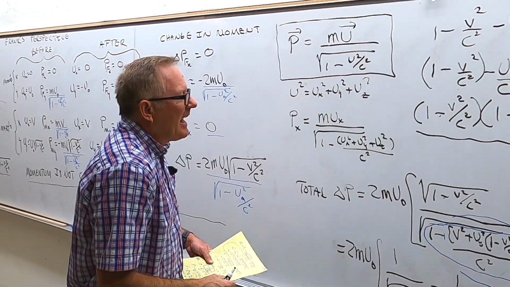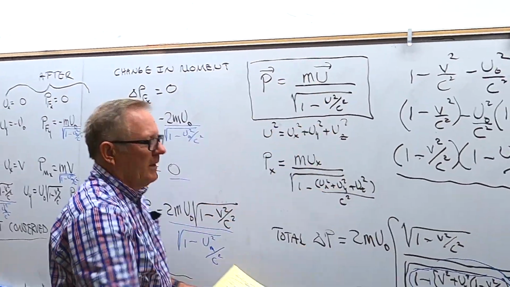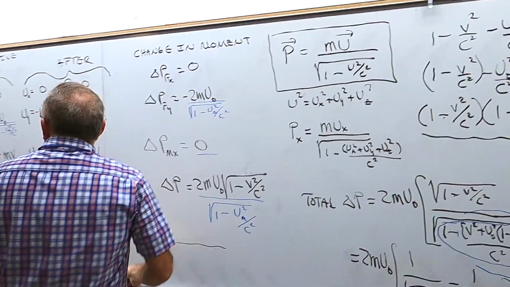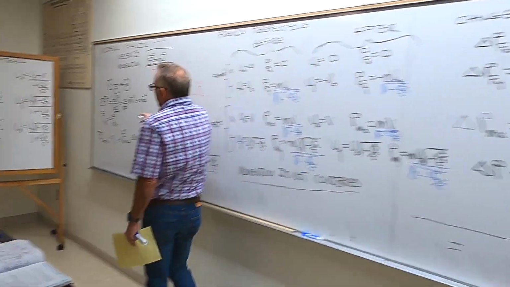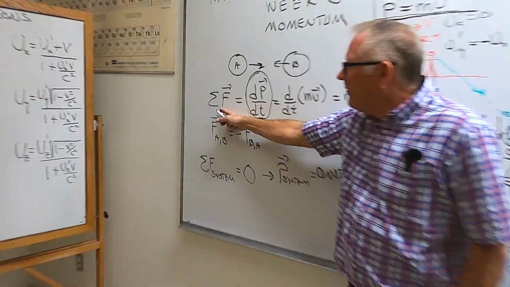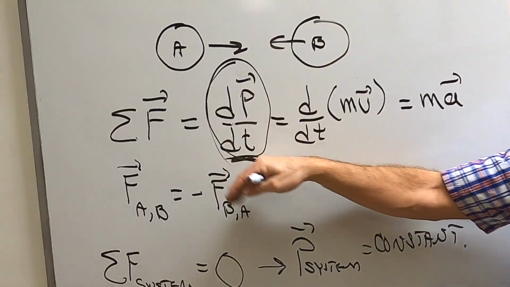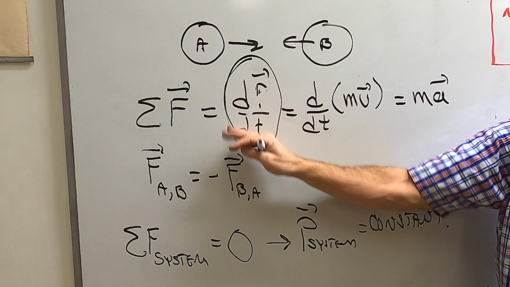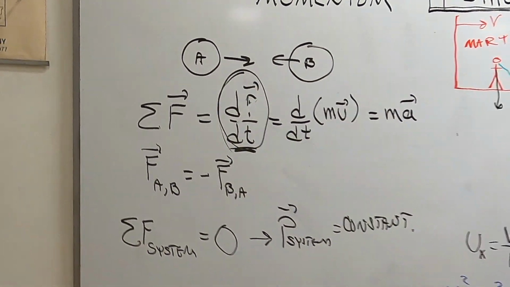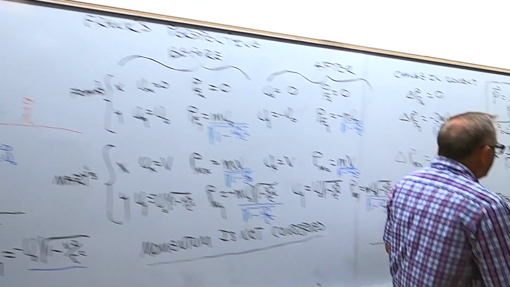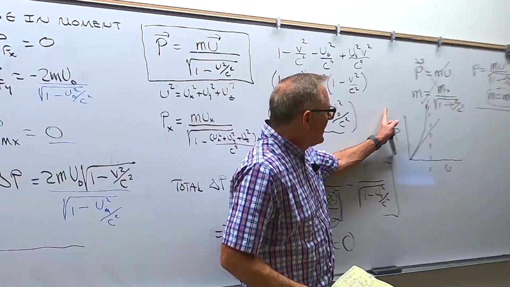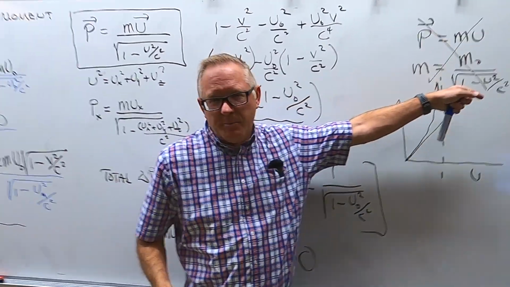And you can see that since we defined F as the rate of change of momentum, even if you keep applying a force and keep giving this thing more and more momentum, even for an infinite amount of time, you'll never get to the speed of light.